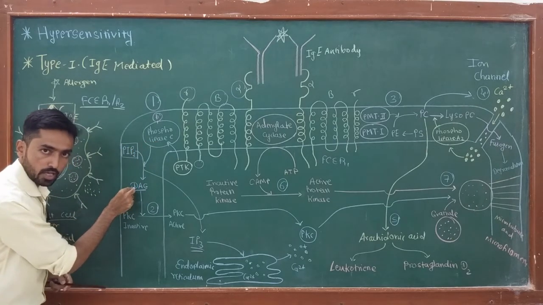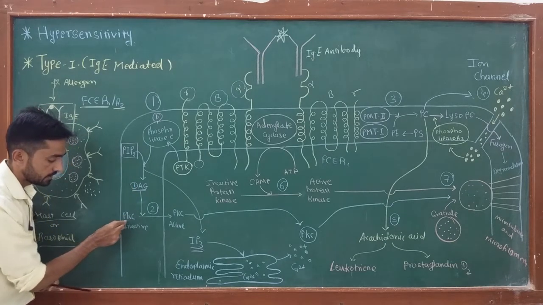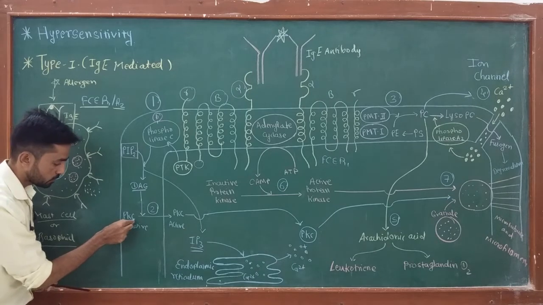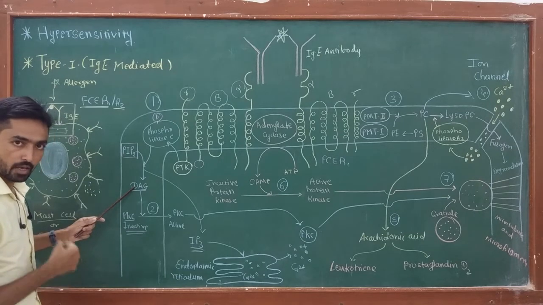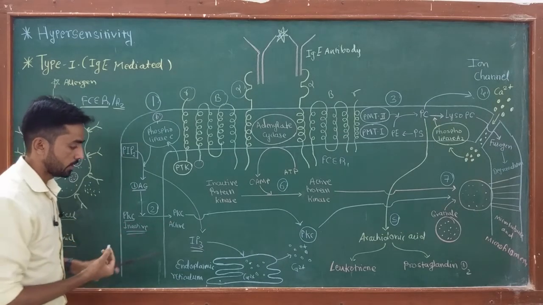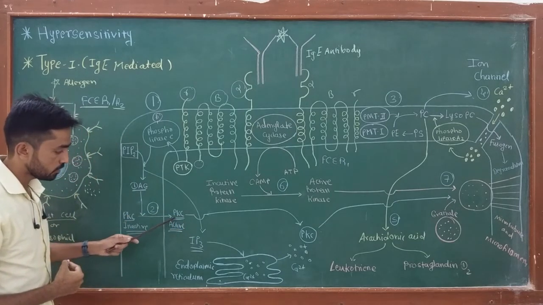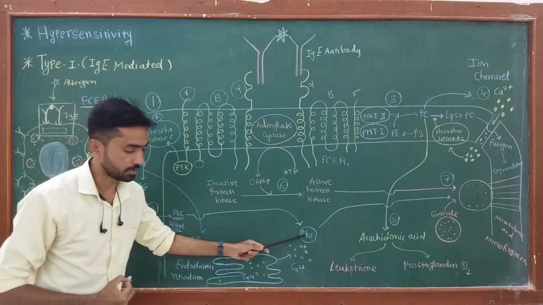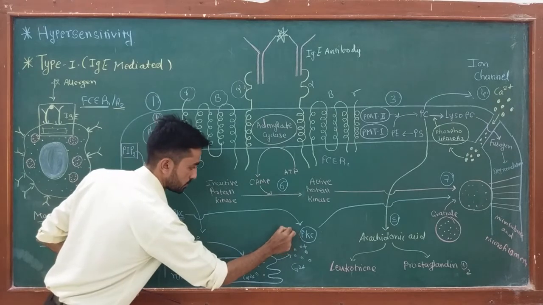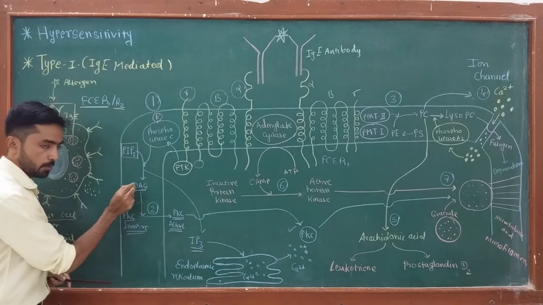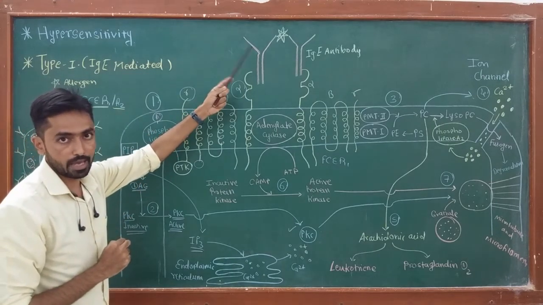The DAG, or diacyl glycerol, is going to act on protein kinase C. Initially the protein kinase C is present in inactive form, but after action of the DAG it is going to activate. Okay, this is PKC which is activated, and now this PKC is going to come into the picture. This is the first active product which is produced with the help of DAG and phospholipase C after entry of the allergen.